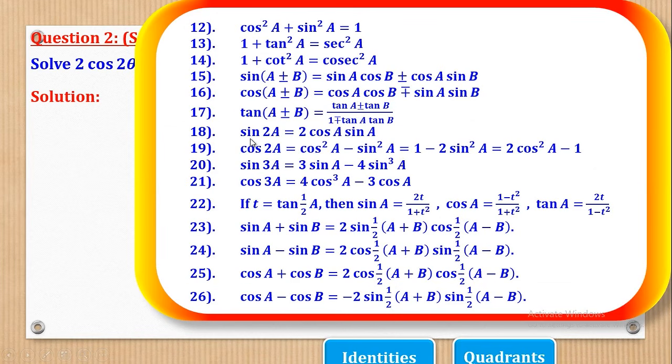So if you look at this, there is cos 2a, and the first one has cos and sine, that one you don't need. This one has sine squared only, but we want it in terms of cos, so this one we don't need. So what we are going to use is this third one which has cos squared. So we are going to write 2 cos squared a minus 1.